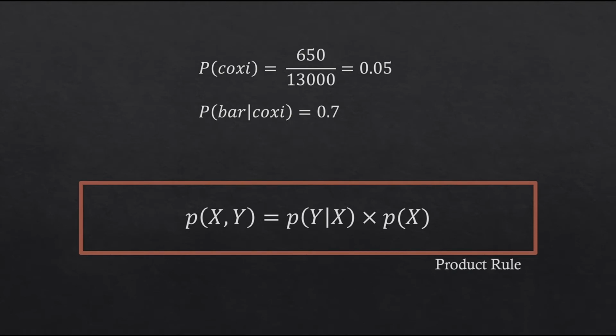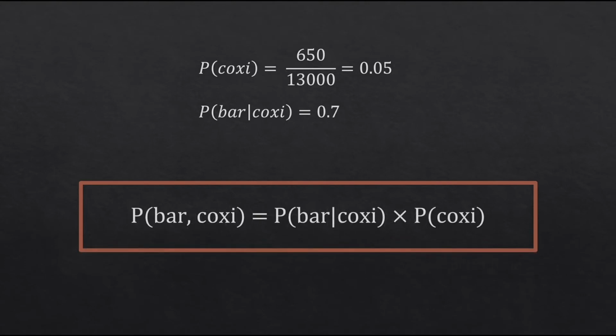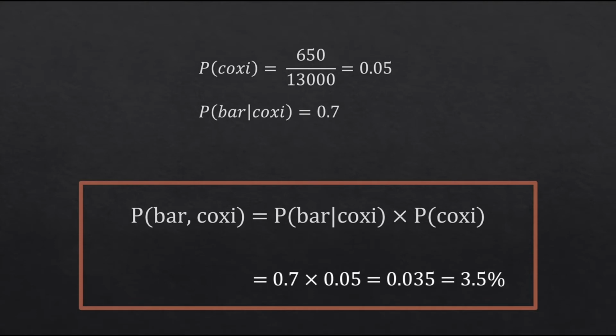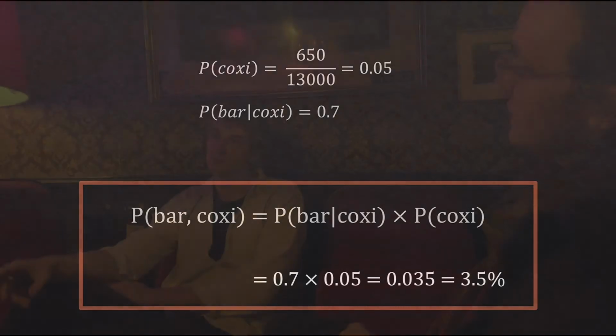And inserted with our variables, it would look something like this. So let's now insert our given values and multiply them. And this multiplied equals 0.035, which in conclusion means that the probability that a random person in this bar is a Coxi is 3.5%.